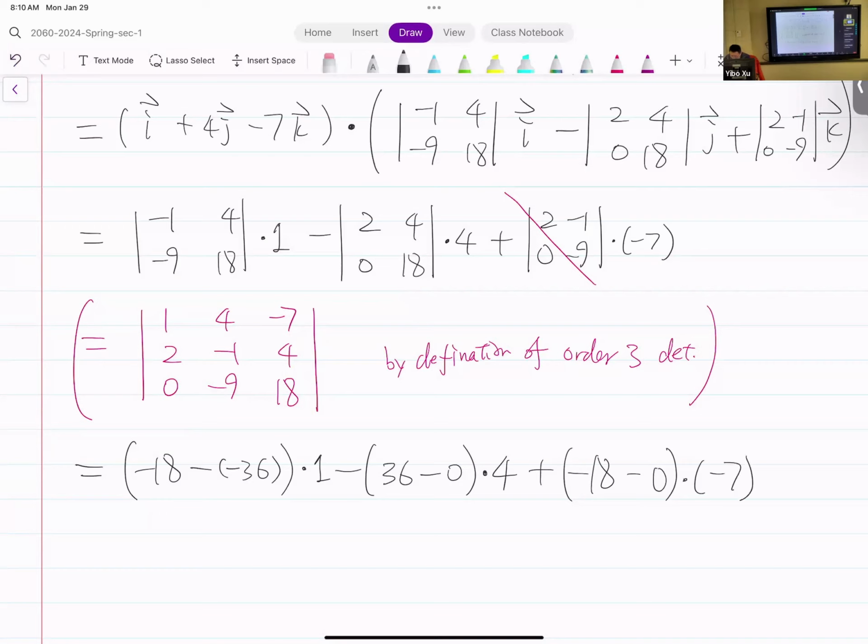Now if we look at the numbers, it's tempting to factor out 18, right? Because 36 is 18 times 2, so we do have 18 in every part of our summation.